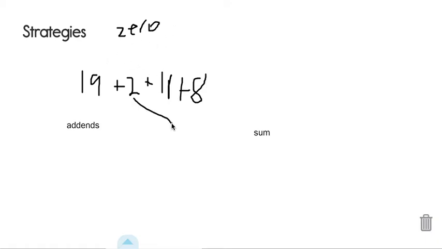If I look here, I know 2 and 8, when I put them together, give me a 10. And I know that 19 and 11 give me 30. So when I put these together, we get 30 plus 10 equals 40.